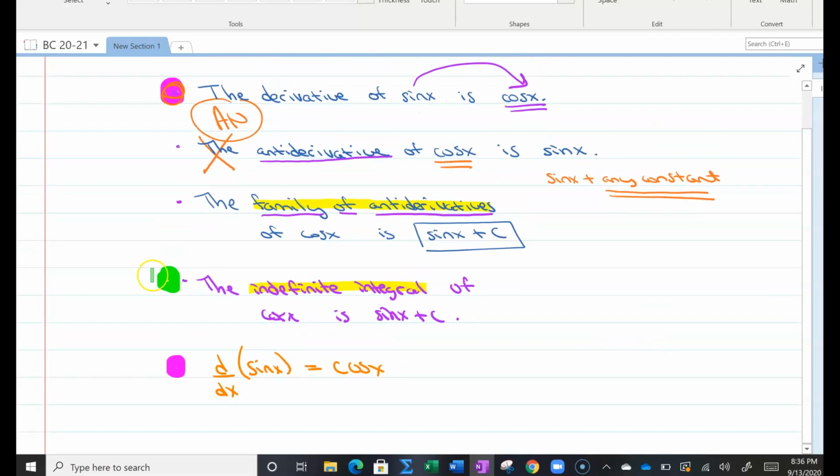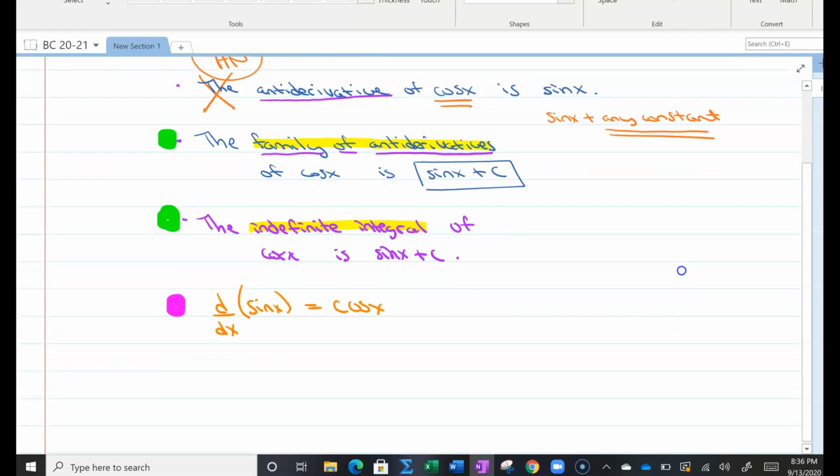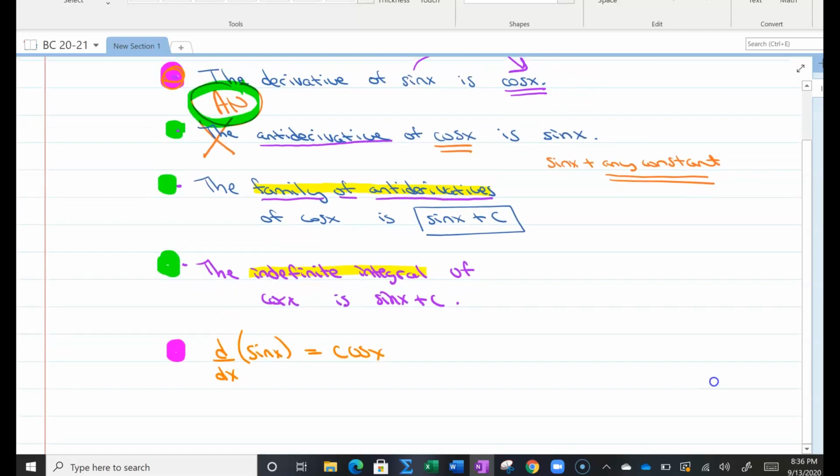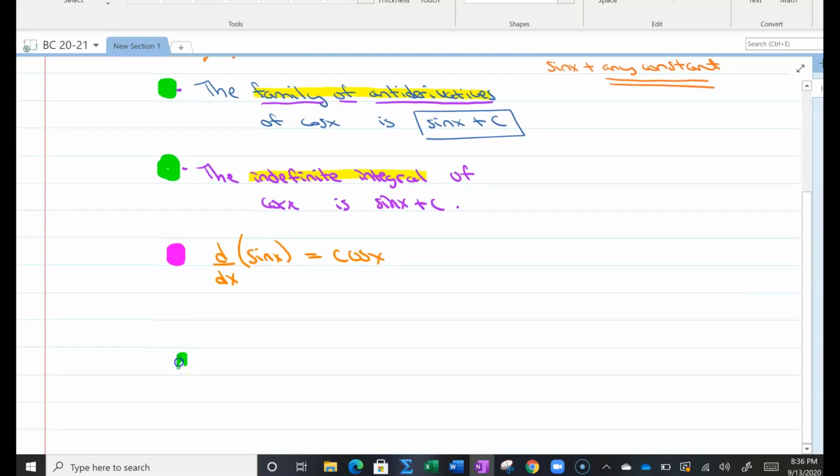This question is the same thing as this question, and all three of these are actually the same. How do you say those three sentences symbolically? Here it is. The indefinite integral of cos x equals sine x plus c.